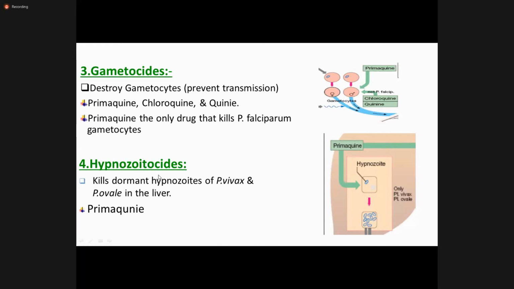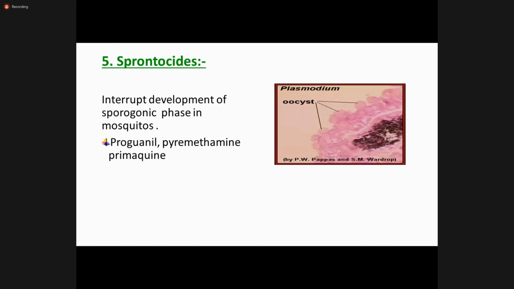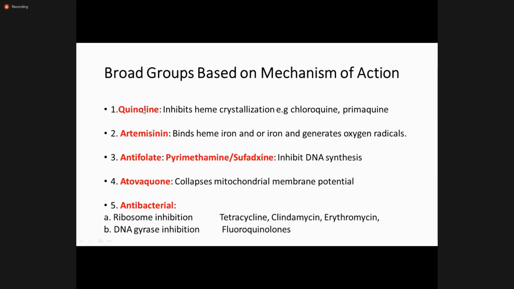So this is the main classification of the drugs. Now we will come to the different properties and discuss the individual drugs. I just gave you a summary; it will be more understandable once we complete the class.